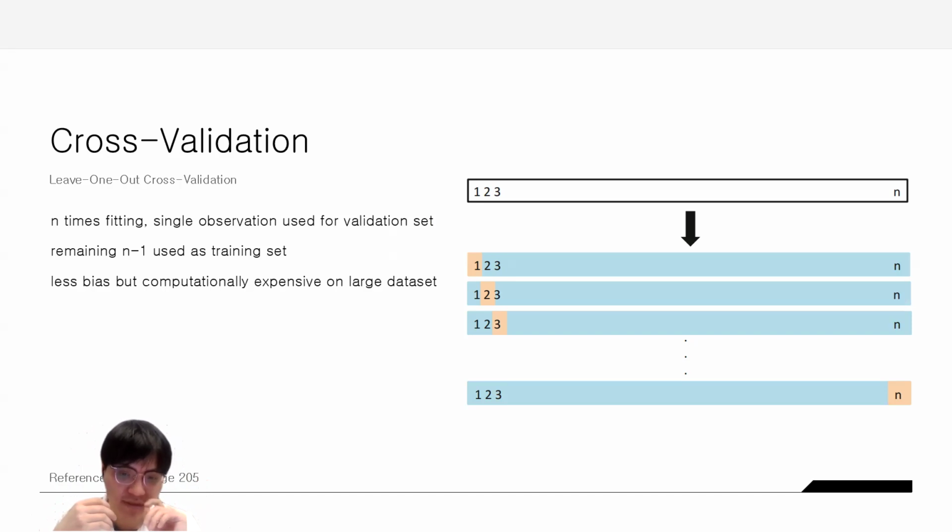Let's suppose what will happen if the size of the original dataset n increases extremely. Then the number of repeated fittings increases, and it will be computationally expensive on large datasets.